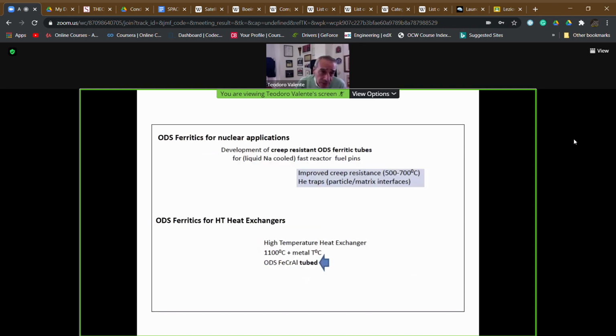The sectors for which the ODS are actually very interesting and important are different from our sectors, because they are essentially two.